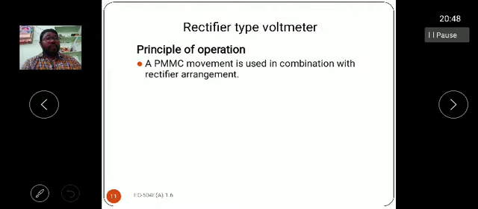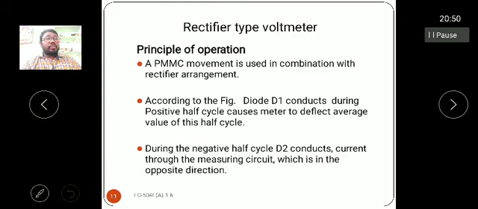In this rectifier type voltmeter, the principle is that a PMMC instrument or movement is used in combination with a rectifier arrangement.